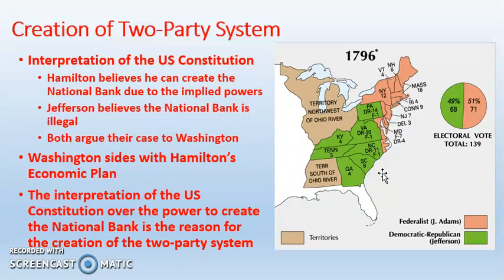Previously, we've only had a person running, not political parties. Now you have political parties running to be president. And so when you look at this electoral vote, Jefferson here wins 49%. Federalist John Adams wins 51%. I mean, this is not a huge victory. This is the division that the two-party system created.